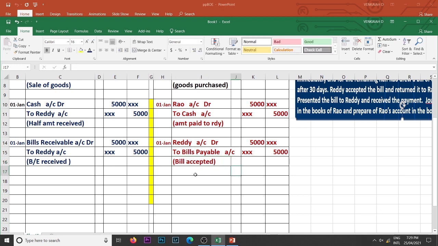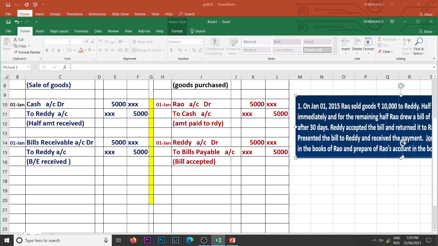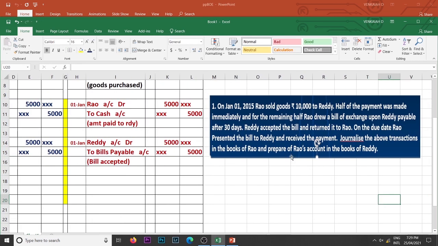Bill accepted. Okay. So now on the due date, look at the problem again. On 1st January, Rao sold goods worth rupees 10,000 to Reddy.